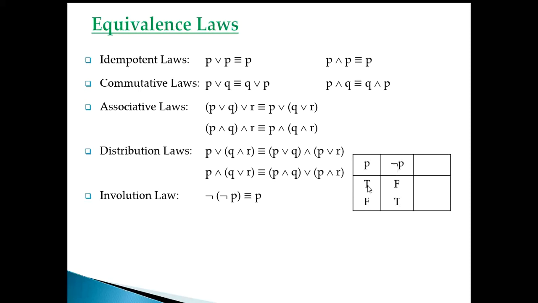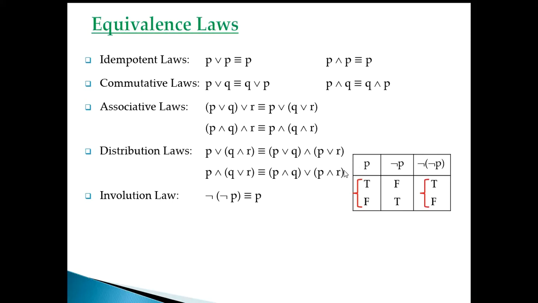The negation of true is false, and the negation of false is true. Next we calculate the negation of negation P. When we again take the negation, false becomes true and true becomes false. Now we see that these both are equal, identical, so we can say that the negation of negation P is equivalent to P.